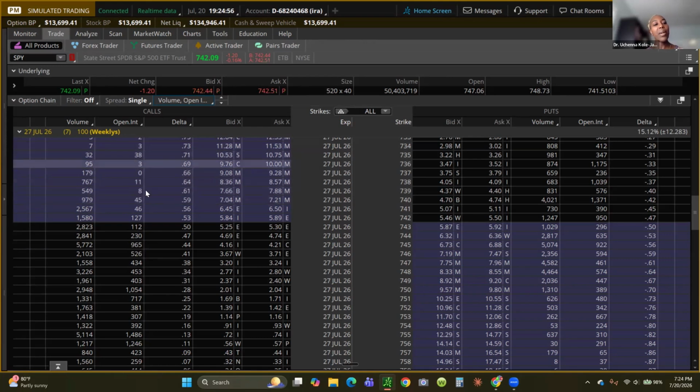Most of the ones that are in the money seem to have low open interest. But all the ones that are out of the money, the open interest is high. Now, what that tells me is that by July 27th, in 7 days, more people expect the SPY to finish out of the money.